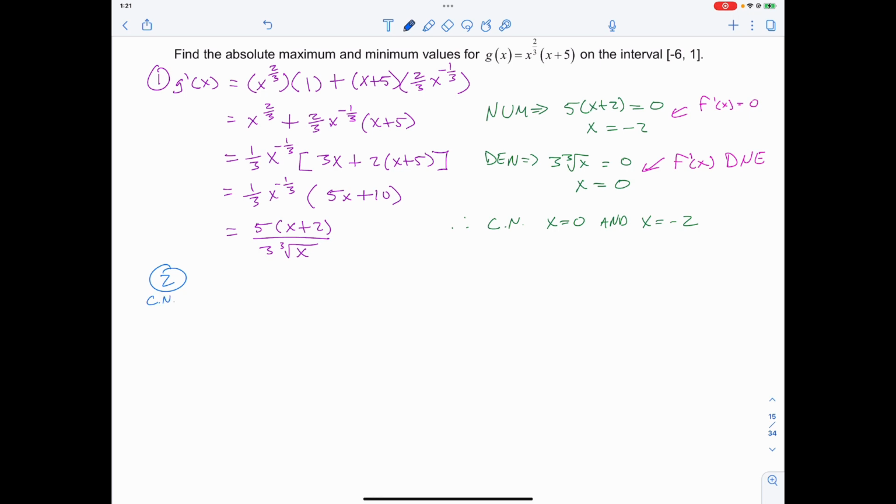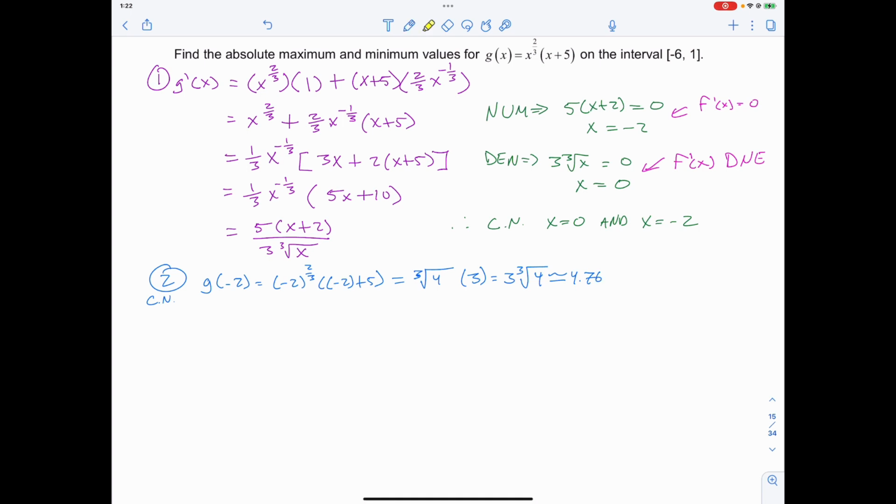So I'm going to say that I have g of -2 is equal to -2 to the 2 over 3 times -2 plus 5, and that's going to give me the cube root of -2 squared is 4, multiplied by -2 plus 5 is 3, or 3 and the cube root of 4, which is approximately 4.76.